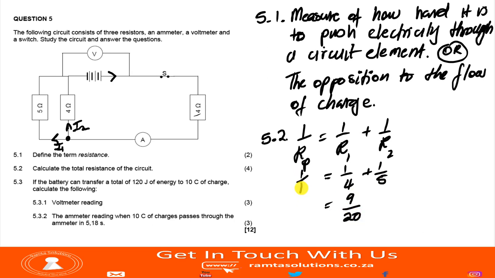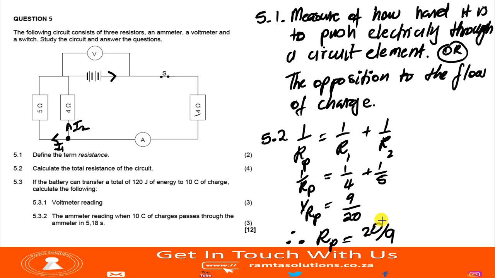So 1 over R sub P. You guys have calculators, let's confirm. 0.25 plus 0.2, it's 9 over 20 indeed. Therefore, remember, we need to invert. R sub P is equal to 20 over 9.